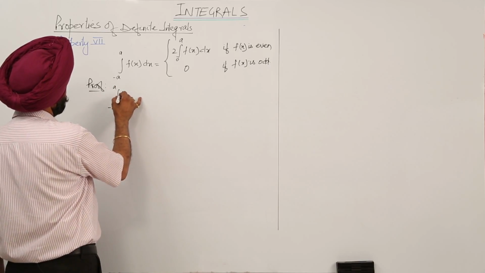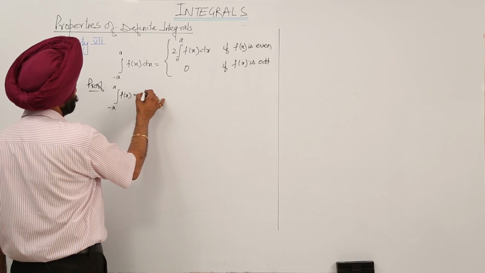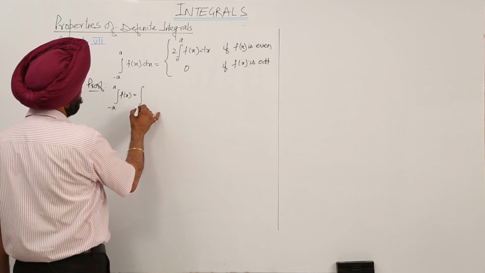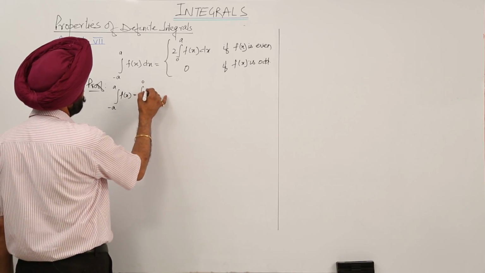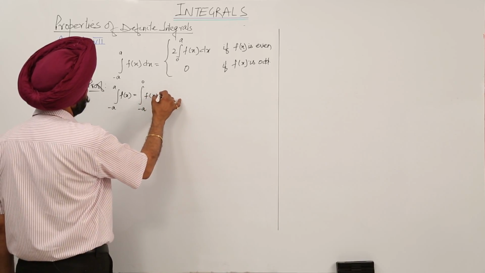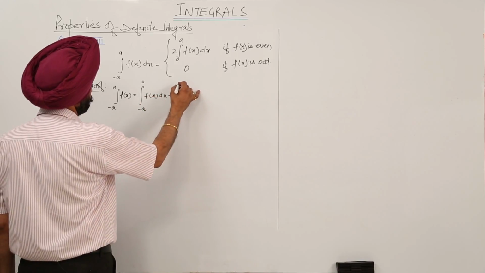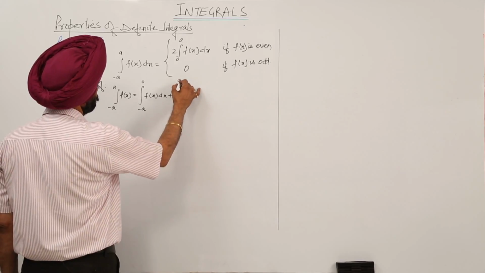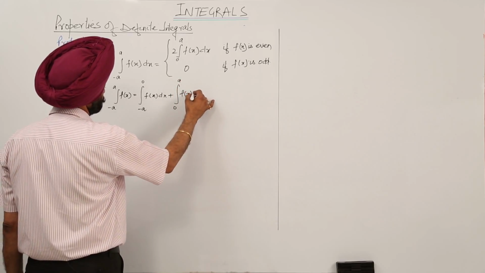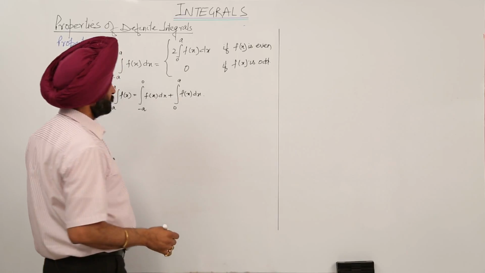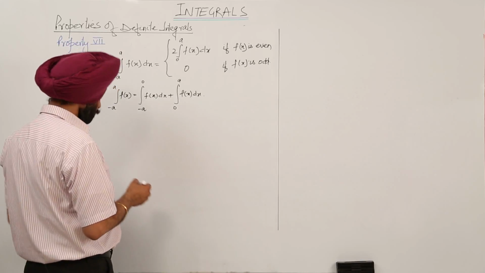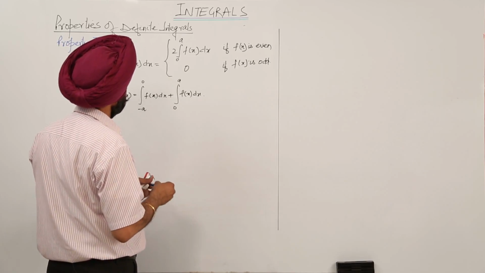The integral from minus a to a of f(x) dx can be written as the integral from negative a to 0 of f(x) dx plus the integral from 0 to a of f(x) dx. Now which property have I used here?